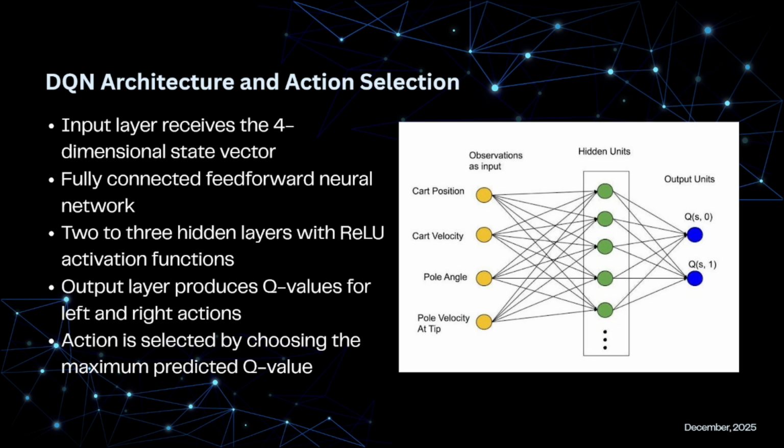The input layer receives the four-dimensional state vector from the CartPole-v1 environment, and the network contains 2 to 3 hidden layers, each applying ReLU activation. The output layer produces one Q value for each possible action, and finally, the agent selects the action with the highest predicted Q value, which represents the best expected long-term reward.